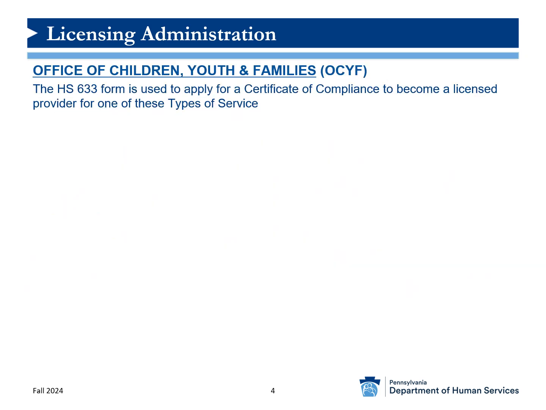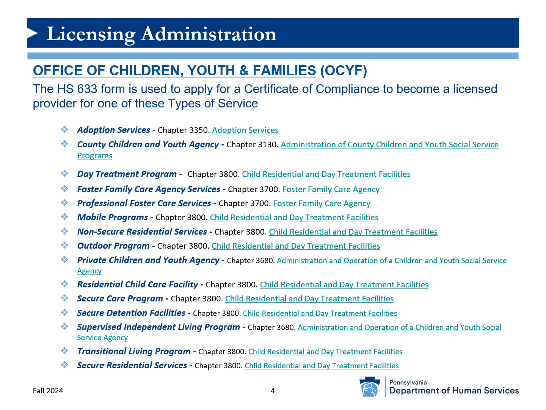This presentation will be for the following offices and types of service. The first office to discuss is the Office of Children, Youth, and Families, also known as OCYF. This program office does use the HS 633 for a Certificate of Compliance application, and the programs they license are listed here.